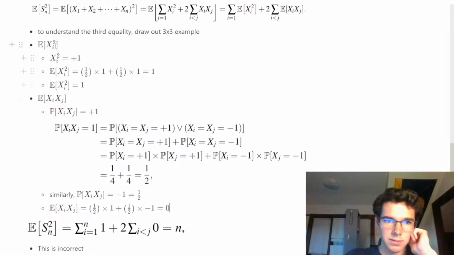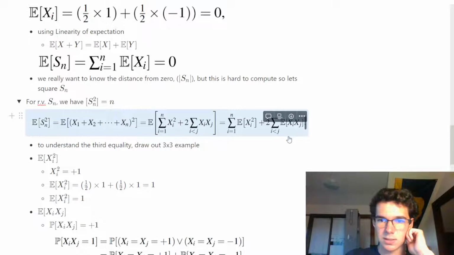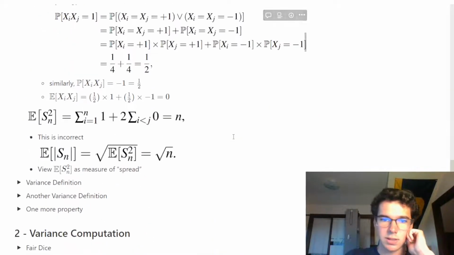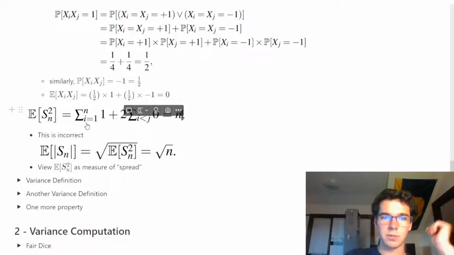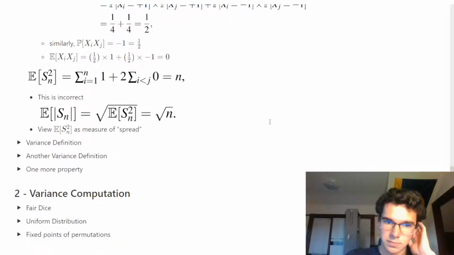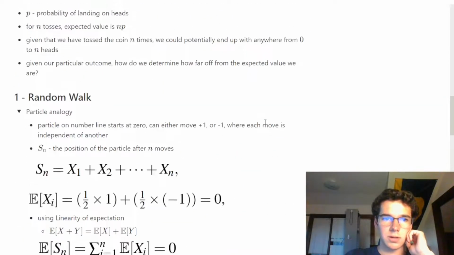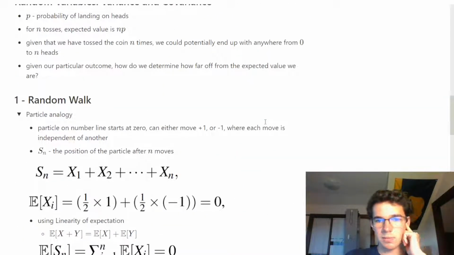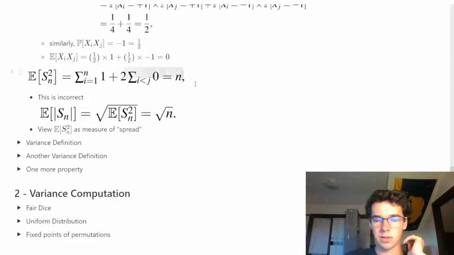Now that we've found this term and this term, we can substitute them back into this final equation to get a 0, so that cancels out, and then 1 for each term in the sum from 1 through n. So we simply get n, right? So in this case, the expected value of the square of the position of the particle after n moves is equal to n.